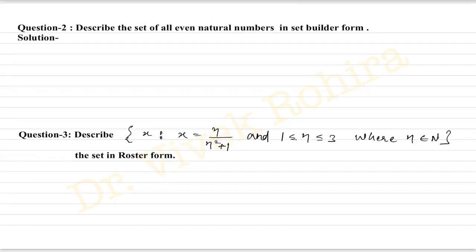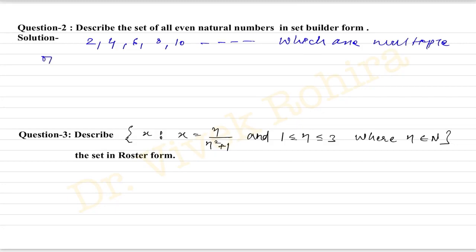In question number 2, describe the set of all even natural numbers in the set builder form. Since we know that all even natural numbers are 2, 4, 6, 8, 10, and so on, which are multiples of 2.